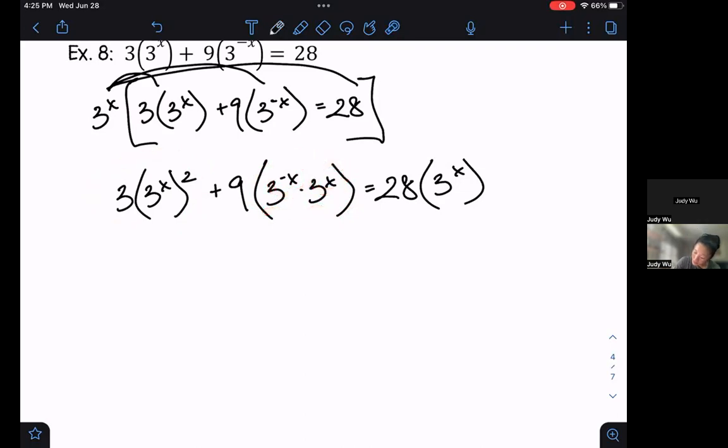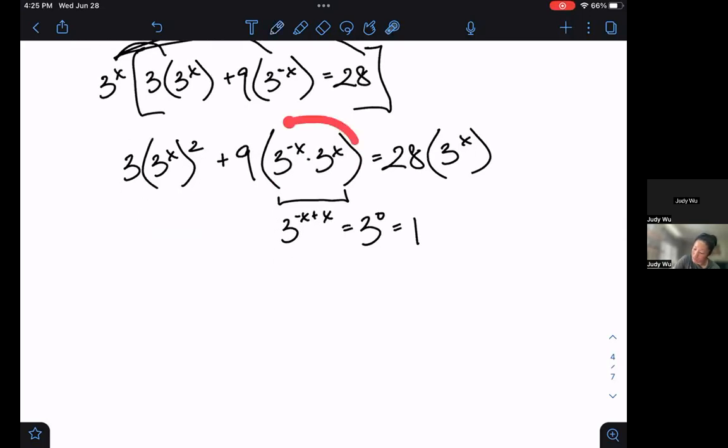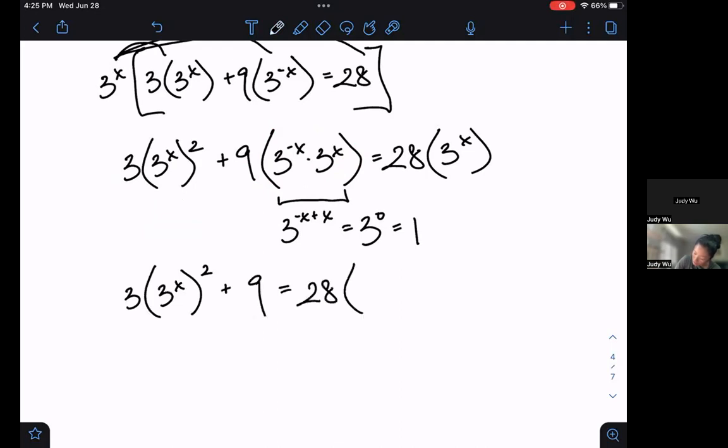Well, 3 to the negative x plus x is really equal to 3 to the 0, which is not 3, but 1. So we can replace this whole thing with just 1. And this allows us to write 3 to the 3x squared plus 9 equals 28 times 3 to the x.